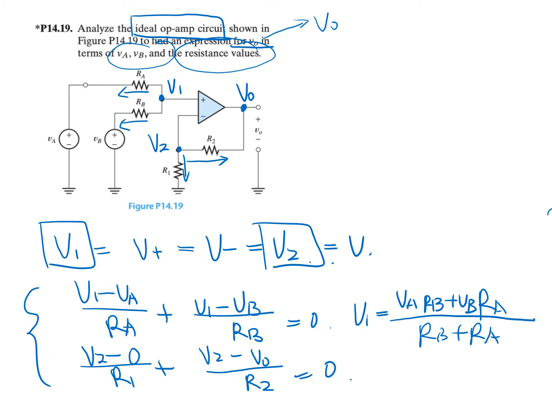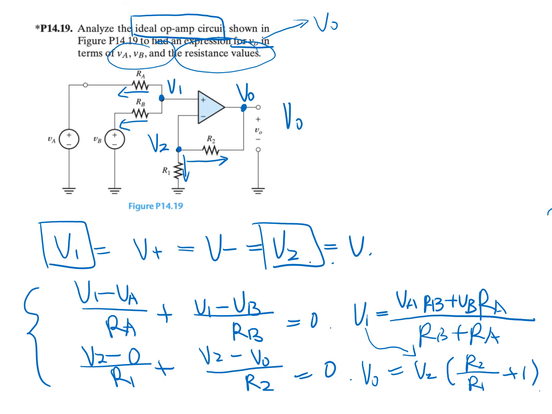For the second equation, we can see that V out is equal to V2 times R2 over R1 plus 1. Since V1 is V2, we can directly substitute V1 here.